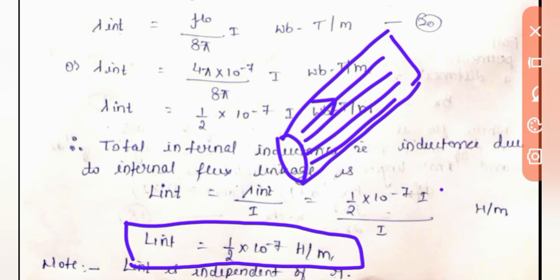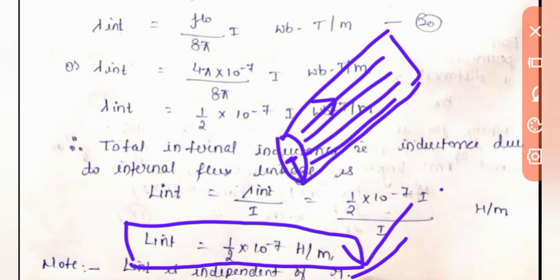और यहाँ पे हम लोग देखें we are seeing that this inductance due to the internal flux is independent of the R. It means it is independent of the R distance from the center.